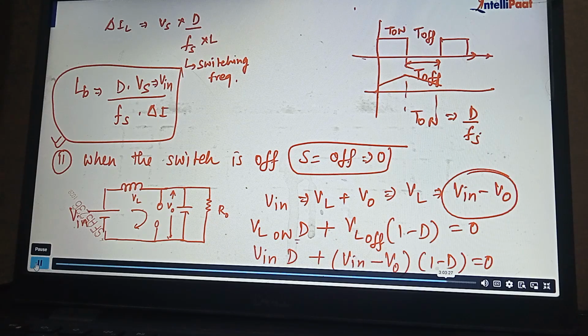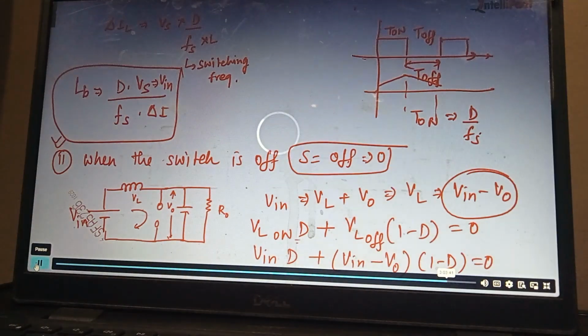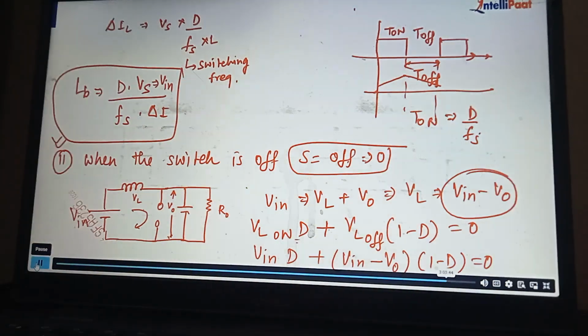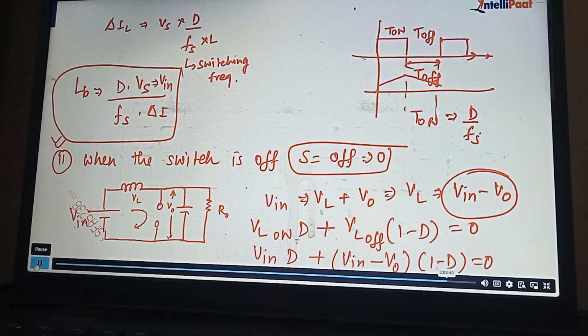V input D plus V input minus V naught times 1 minus D. Let me know the relation between input and output voltage.